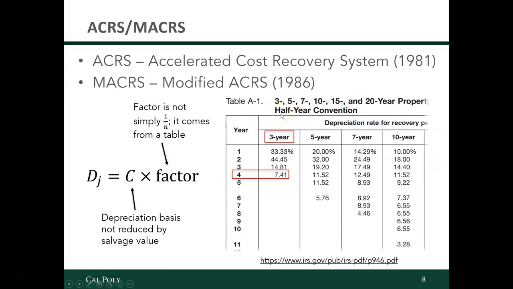You assume that the item was put into service and started depreciating halfway through the year, and it doesn't finish until halfway through the end of year 4. So even though it's a 3-year depreciation, it appears to occur over years 1, 2, 3, and 4, because it actually occurs halfway through the year. Why they didn't just follow the year-end convention, I'm not sure, but that's the way it is.